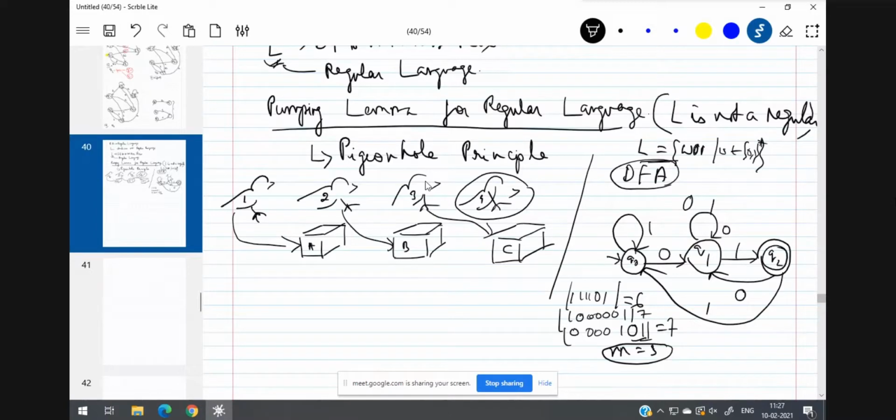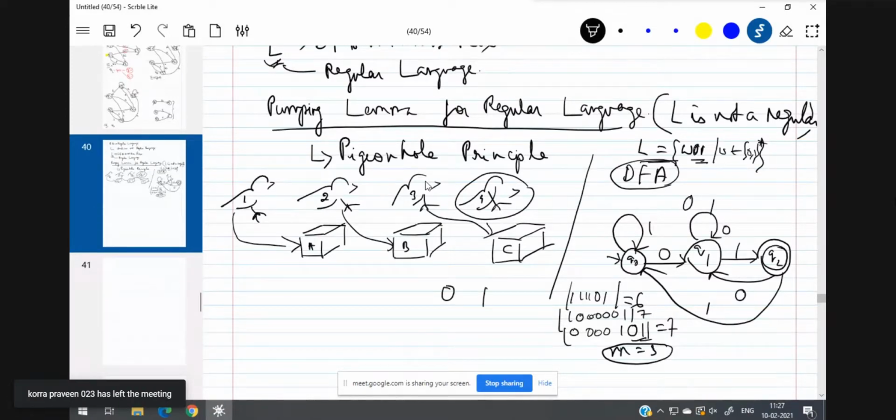I have designed a DFA to accept a language which consists of 0 and 1 and ends with 1. Now say for example, consider this Q0, Q1, Q2 as the pigeonholes, and consider this A, B, C as the prisoners.